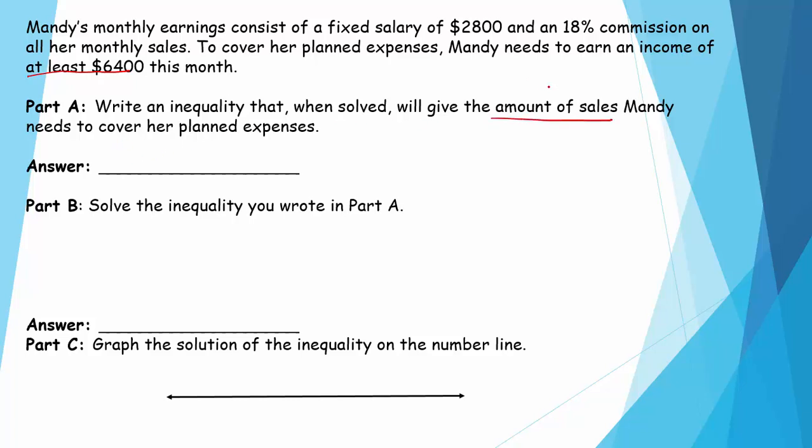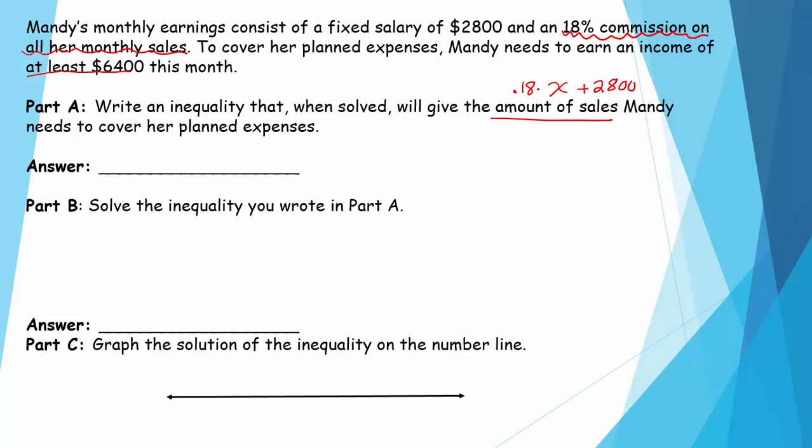So amount of sales will be our x. She earns an 18% commission on her monthly sales. So how do we find 18% of her monthly sales? We would do 0.18 times x. She also has a fixed salary of $2,800, so we would add the $2,800, how much she's guaranteed to make.